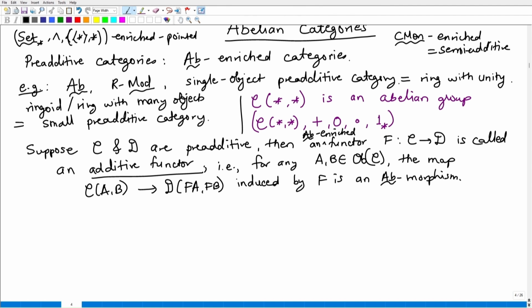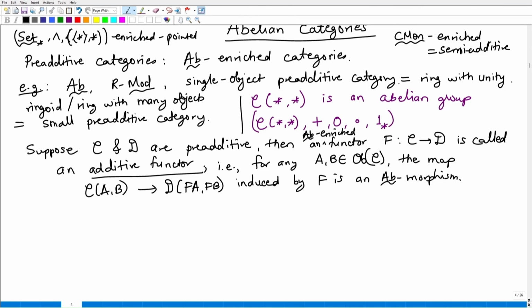So a small pre-additive category is basically just a diagram in the category of rings with unity. Whatever results are true for rings usually are true for rings with many objects as well.